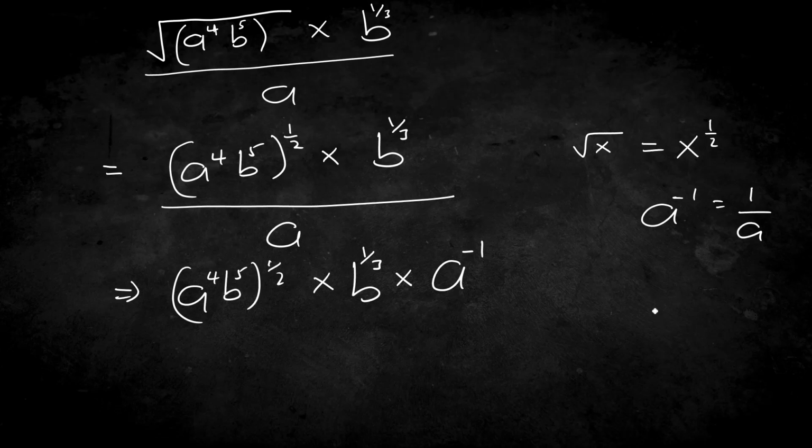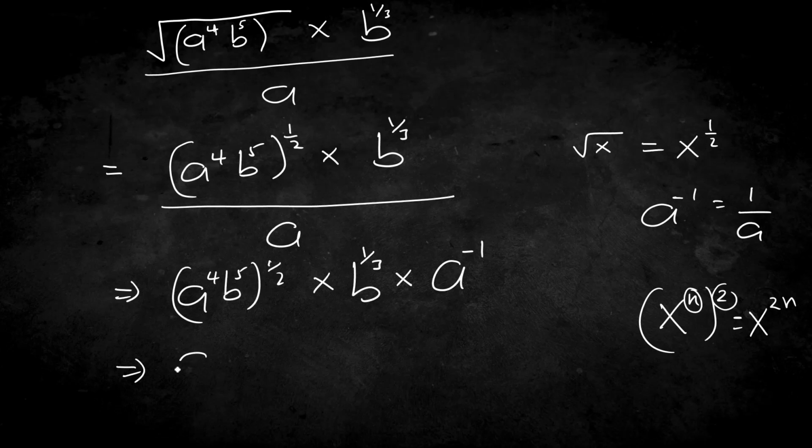When we're given x to the power n all raised to the power 2, these two multiply, so this side will be x to the power 2n. So the power half will affect this 4 and this 5.